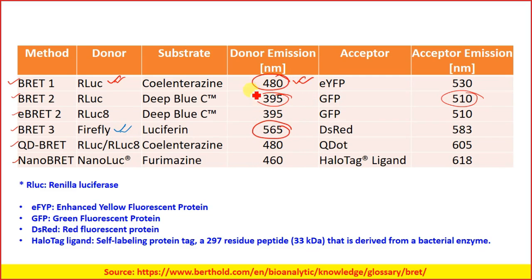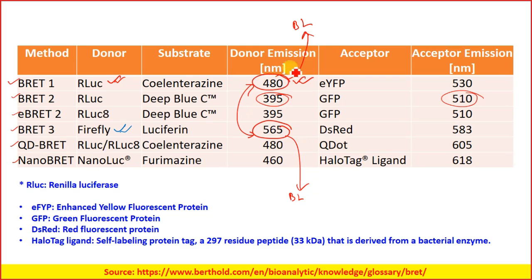So there is a wide gap. So you can use a monochromator to isolate this bioluminescence, and you can use another monochromator to isolate the other bioluminescence.